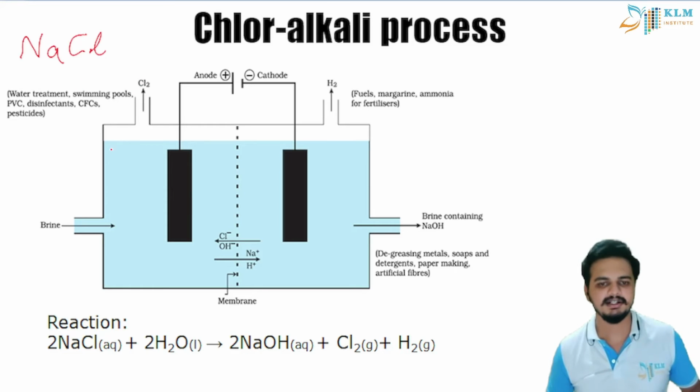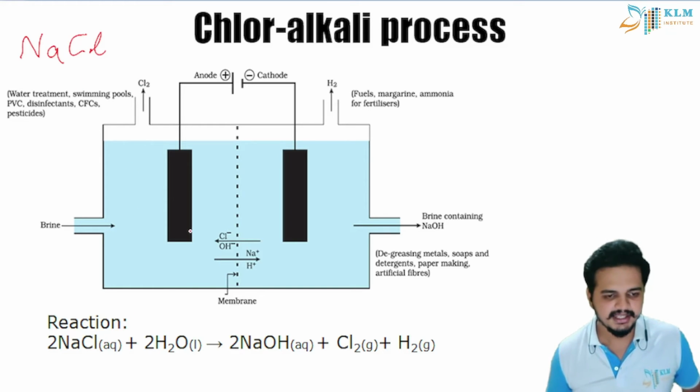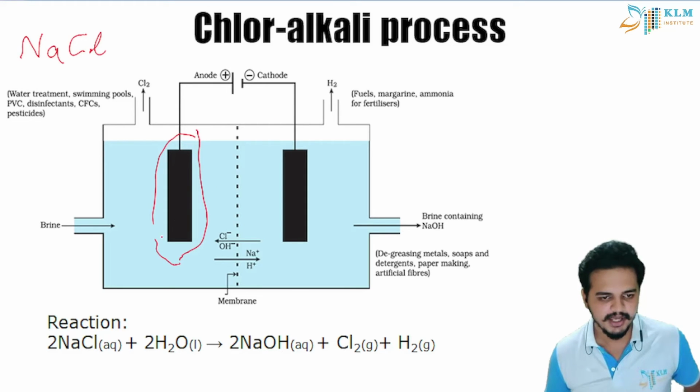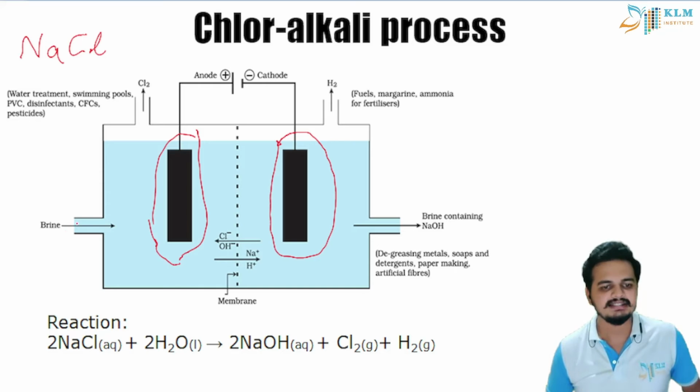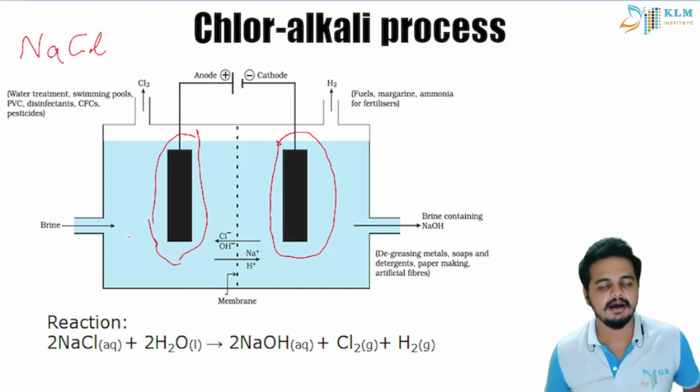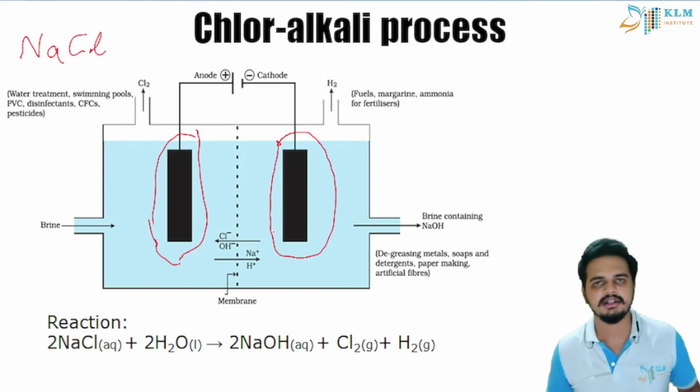You can see here, we are taking two rods, an anode and a cathode, and connecting them. We are passing brine solution, that is NaCl dissolved in water, through the anode and cathode and turning on the power.